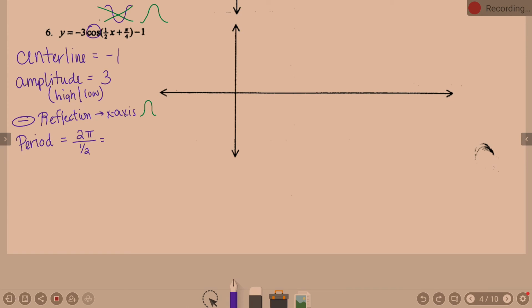How do we divide with a fraction? Multiply by the reciprocal. So then we're doing 2 pi, instead of dividing by 1/2, multiplying by 2/1, which is 4 pi. So we're going to have a period of 4 pi. So my graph that's been in 0 to 2 pi is now going to be stretched out.